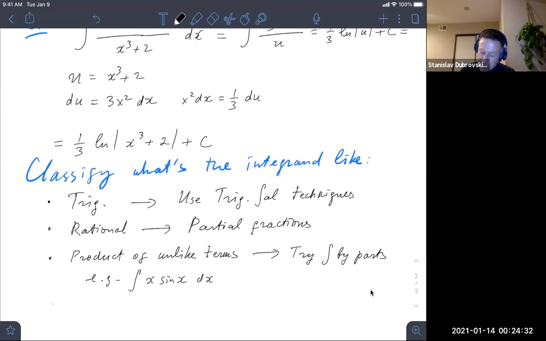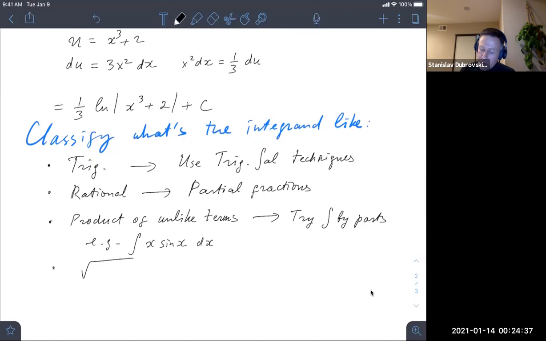What if you see radicals? It depends what's under the radical. If you see a quadratic expression, radical of something quadratic in x, something like square root of plus or minus x squared minus or plus or minus a squared, then use trigonometric substitution.